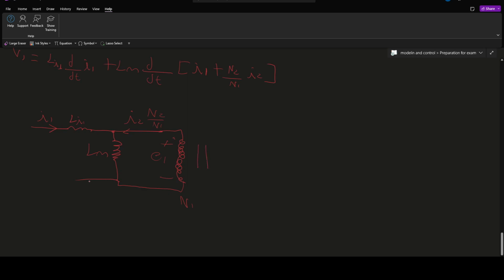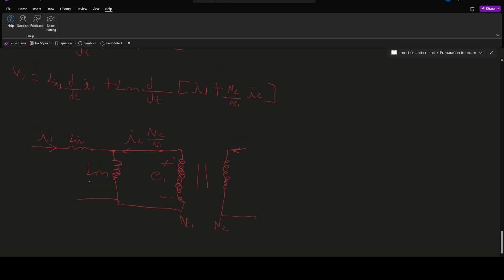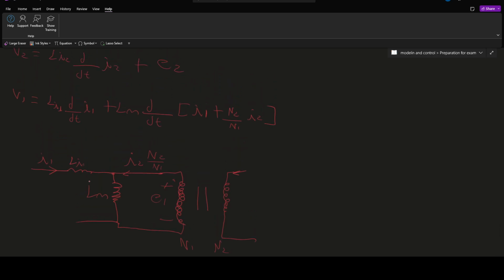Now this is a transformer so we draw the transformer symbol. We know we are gonna have our other coil with a number of turns N2, and we now figure out that this is our voltage equation. So we know that here this is our I2, but we now know that we have here our leakage inductance due to I2. This is our EMF in the secondary.